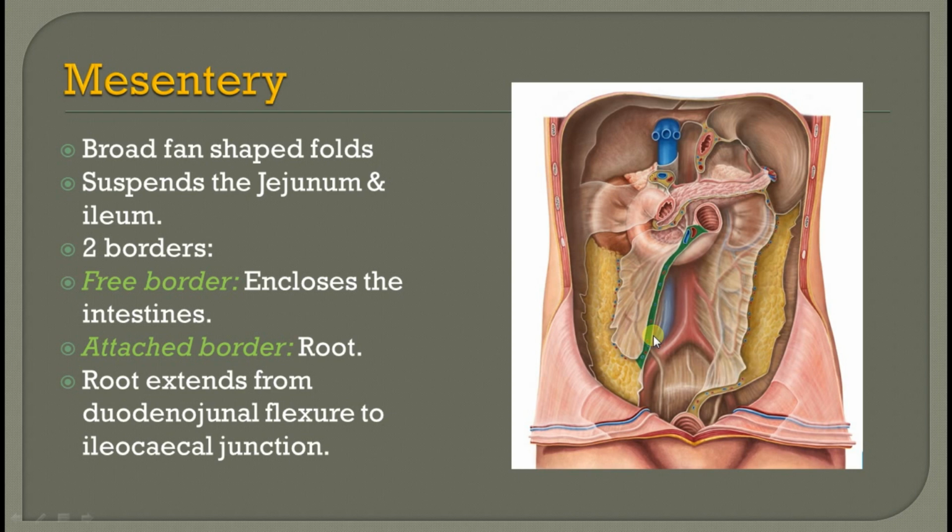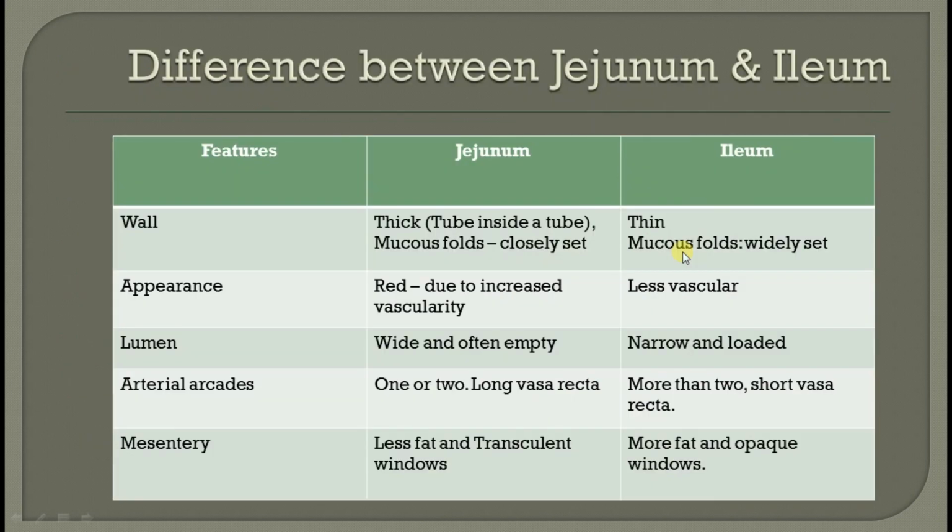A variable amount of fat is present between the two layers of the mesentery, and the free border encloses the coils of the jejunum. So the contents of the mesentery: coils of the intestine, fat, blood vessels, lymphatics, and the nerves. Okay, so that is the attached border for you.